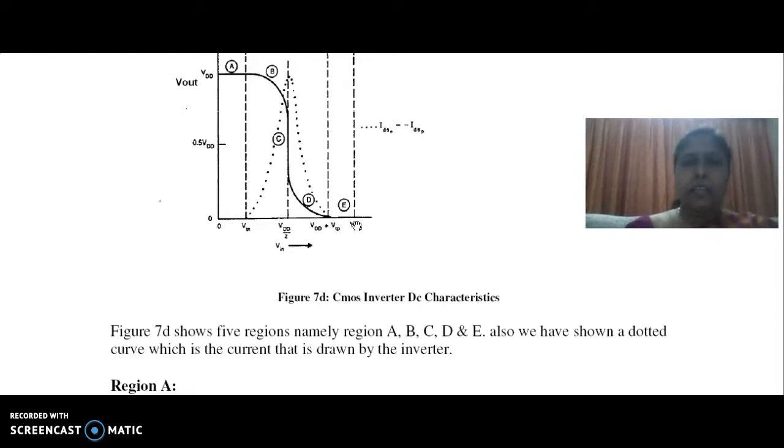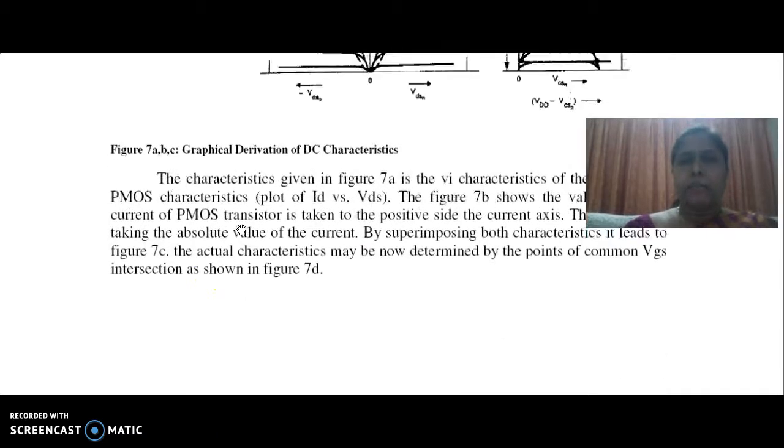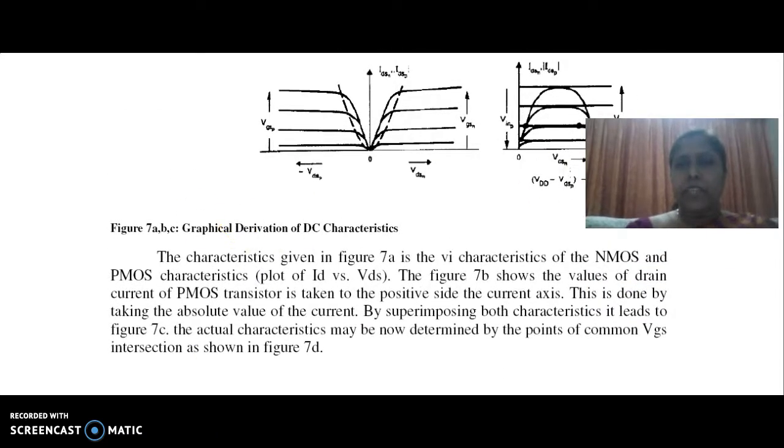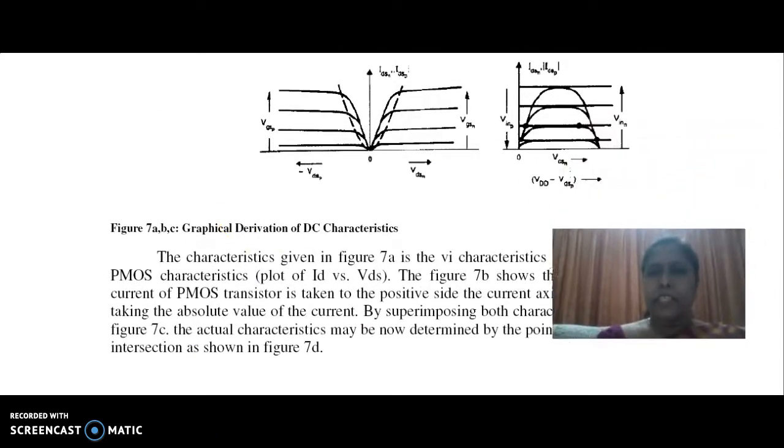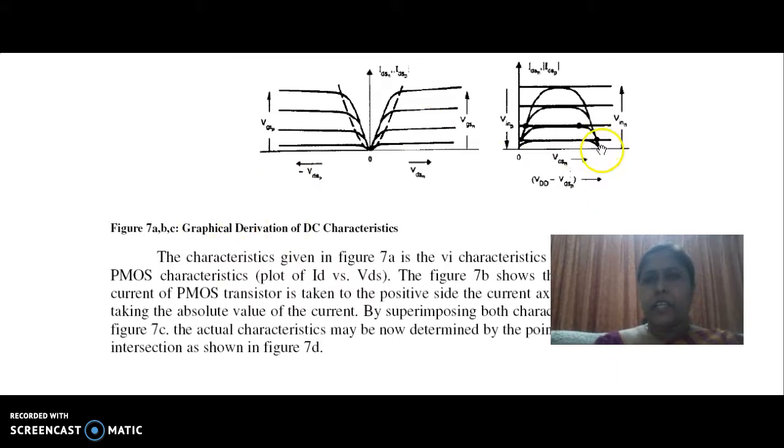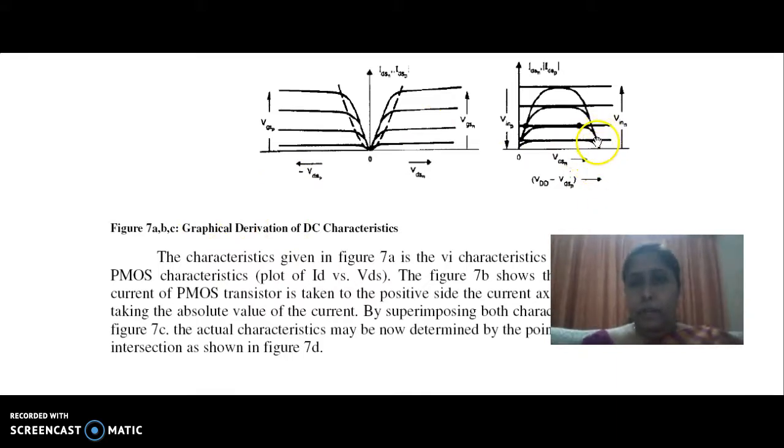As we see here, in the first region of operation, the N MOSFET is in saturation. That is, for this operating point, N MOSFET is in saturation and P MOSFET is in non-saturation region.